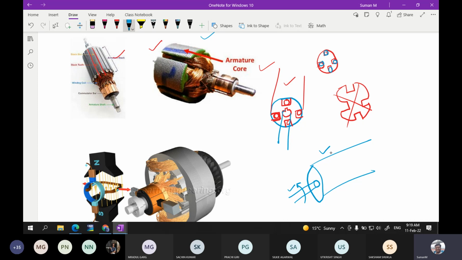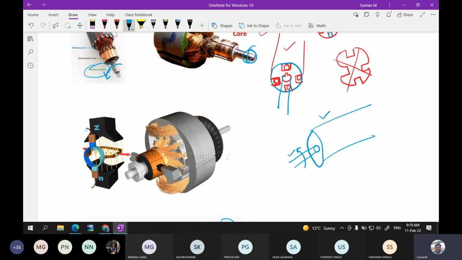This is the shaft, so when this rotates, obviously this part will also rotate. You can see here that it is mentioned as armature shaft. So when this part is rotated by some means, the complete cylindrical structure will rotate. That is given here clearly.